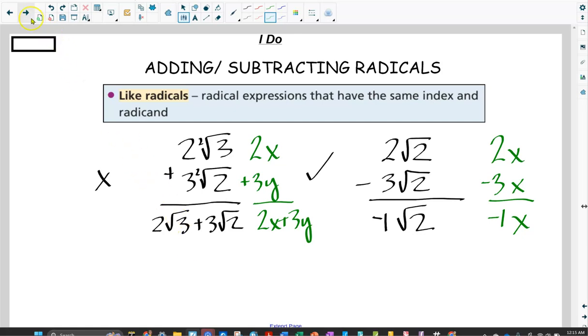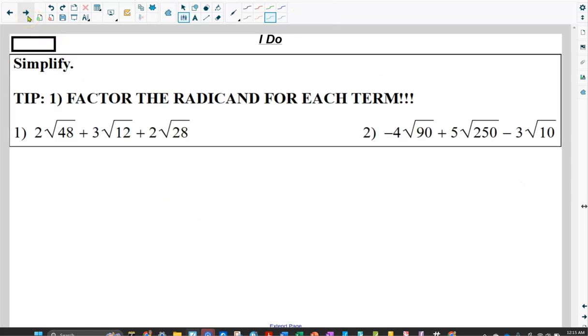So let's go ahead and get started. The good thing about these is you guys already have the skills to factor the radicand pretty quickly, and if not, you've got the calculator. So let's go ahead and do that here, okay? So I'm going to have 2 for number 1, and in here this is basically 4 times 12, so 2 times 2, 12 is 2 times 2 times 3, okay?